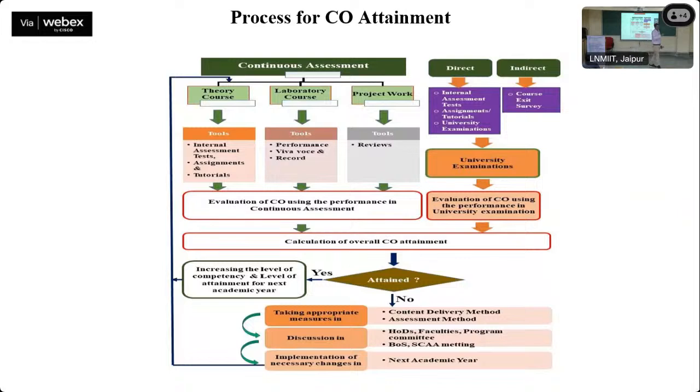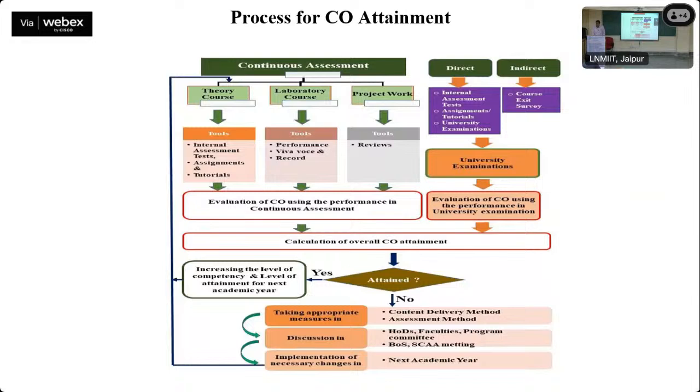So everything is linked starting from the PEO. Then after PEO, basically, is it clear to all of you? If you have any questions, you can ask me anytime, please. Okay. So this is the difference between PEO and PO or PSO. Okay. Now come to the CO, course outcomes.